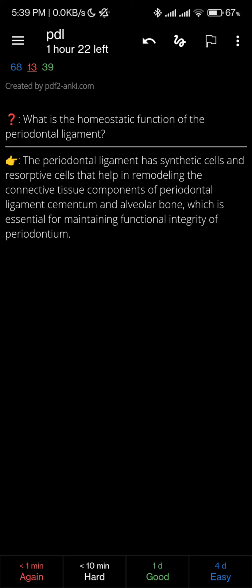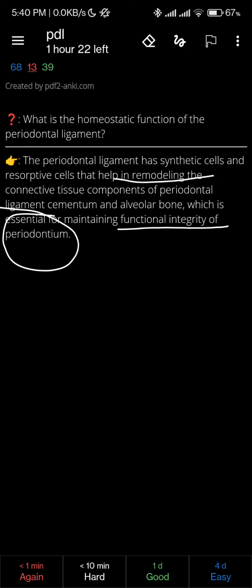They help in remodeling the connective tissue components of the periodontal ligament, cementum, and alveolar bone, which is necessary to maintain the structural and functional integrity of the periodontium.